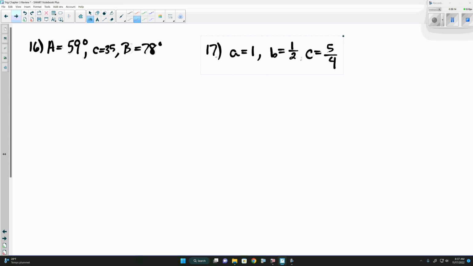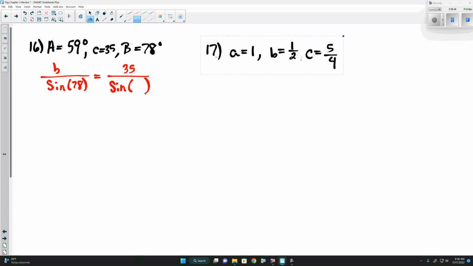16 is a little bit different because it gave us two angles and a side, yes? In both formulas, we either needed three sides or two sides and an angle in the middle. So here, we really need either side length A or side length B. According to the law of sines, B over sine of B is equal to C over sine of angle C, yes?